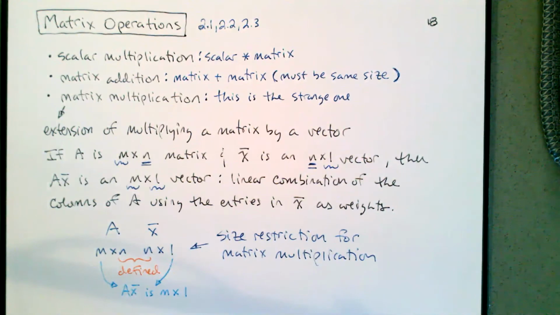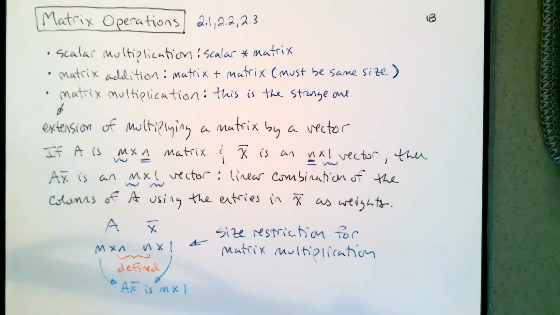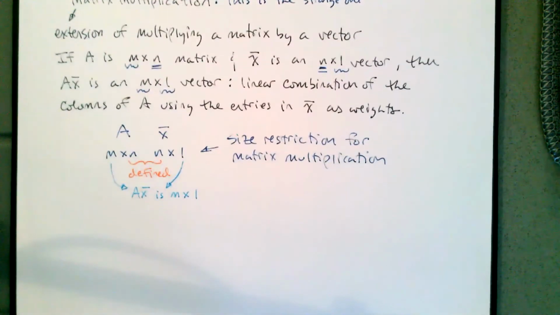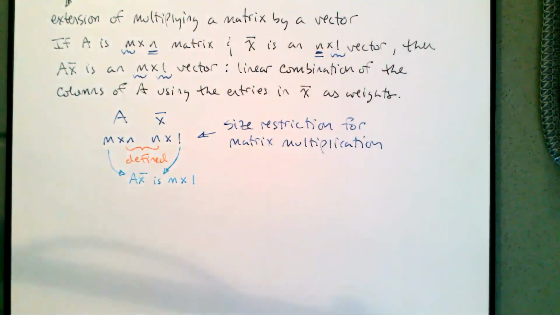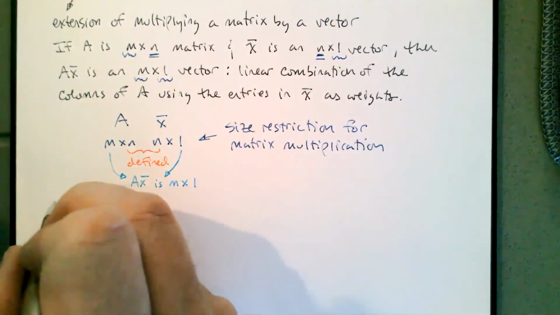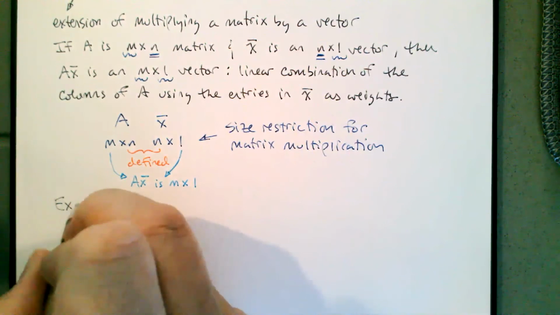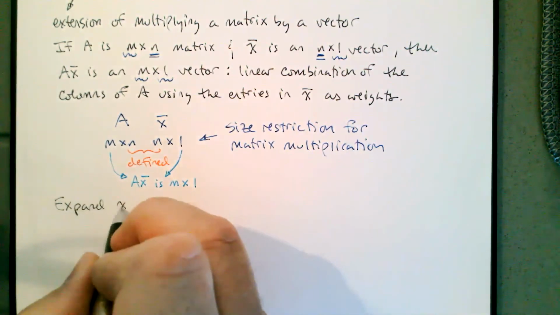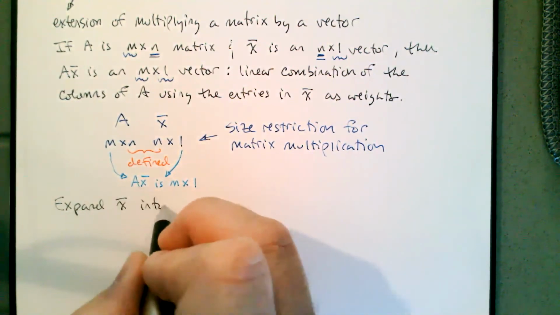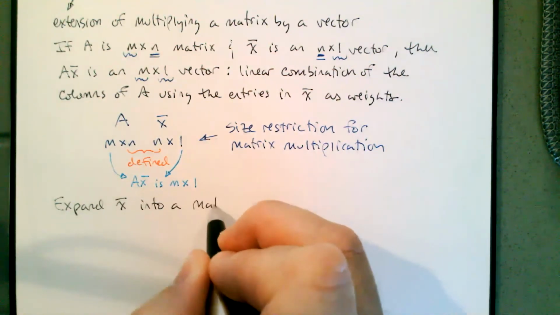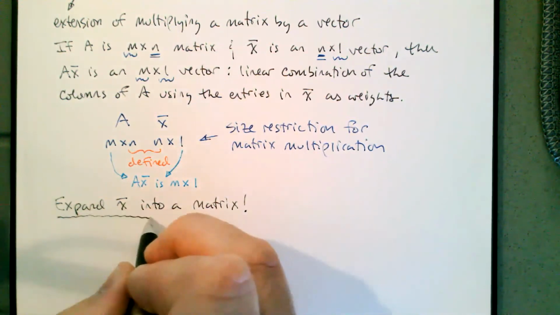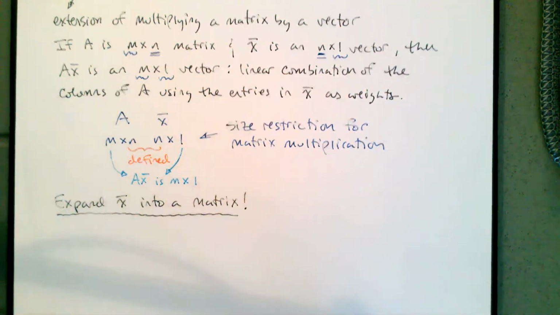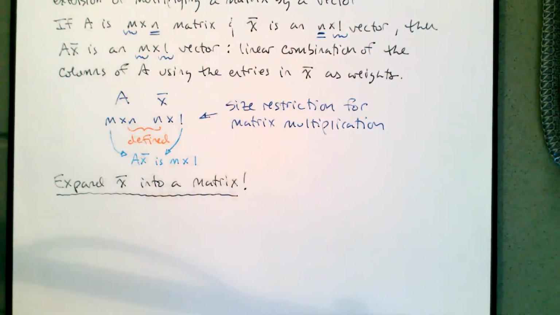The number of columns of A has to equal the number of rows of X. Let's expand X into a matrix.